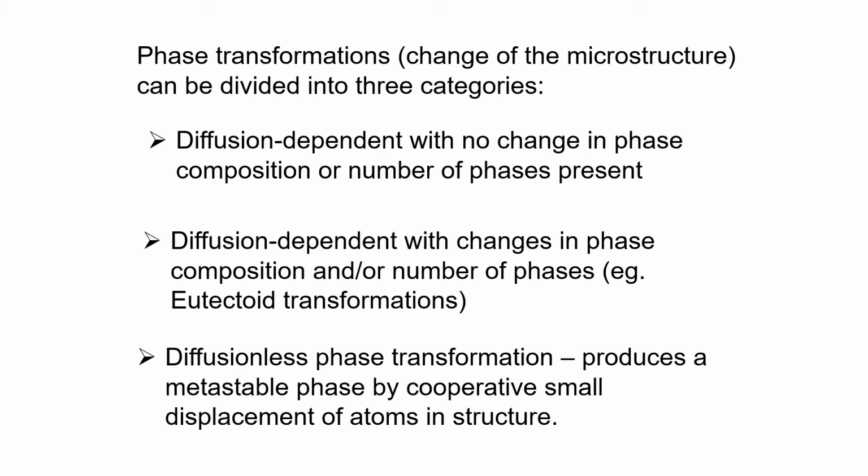Phase transformation is actually the change of the microstructure. The process can be divided into three categories. The first is diffusion dependent with no change in phase composition or number of phases present.